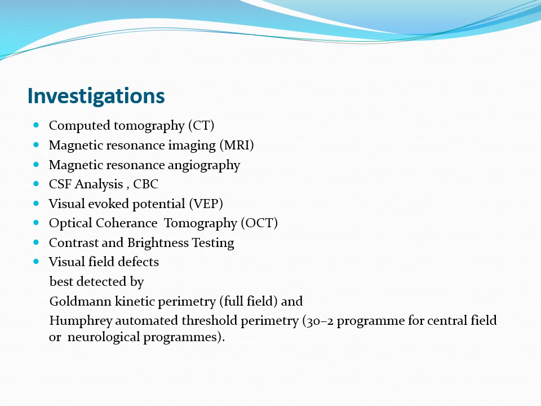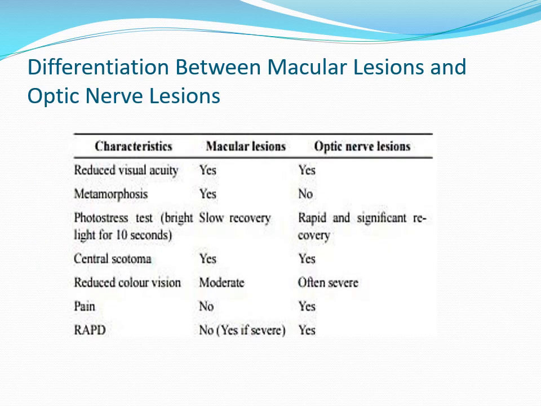Then contrast testing and brightness testing, field defects which are detected by Goldmann perimetry or Humphrey automatic threshold perimetry, 30-2 for central field or neurological, both can be done. So these investigations you should know which are required in case of optic nerve diseases.